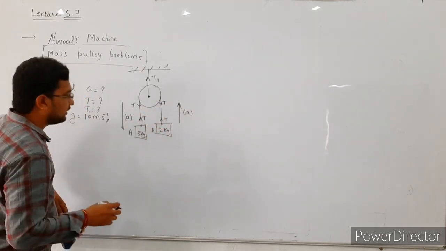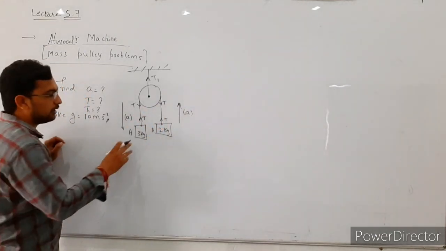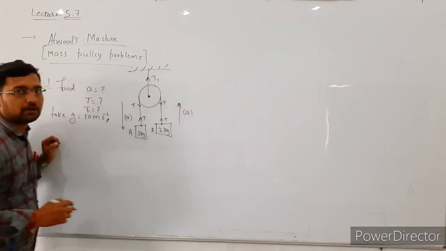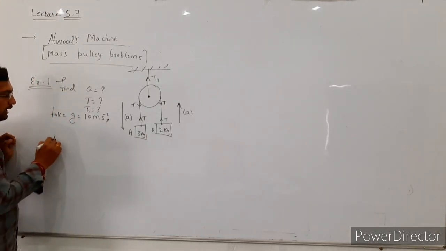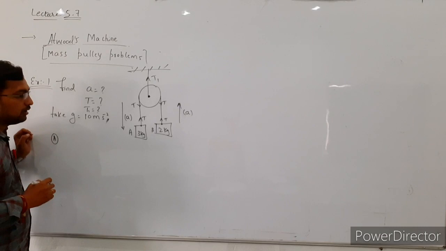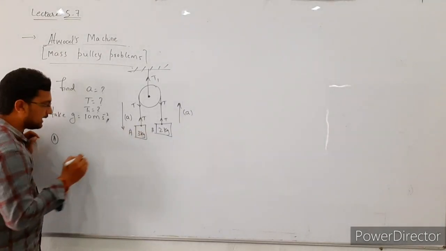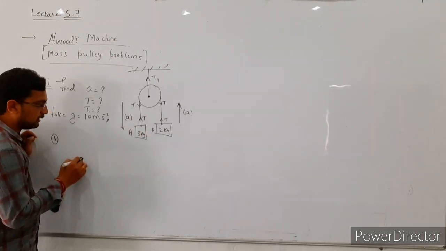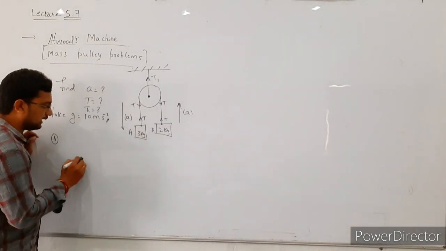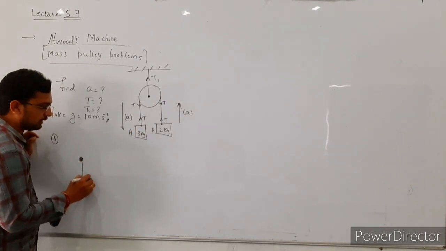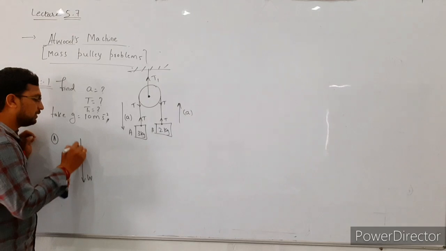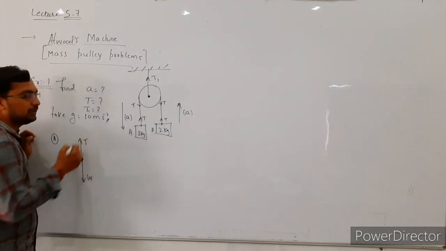After that, we are going to draw the free body diagram for body A and body B. For body A, first consider it as a point object. The weight of the body, W, is acting in the downward direction, and tension is acting in the upward direction.